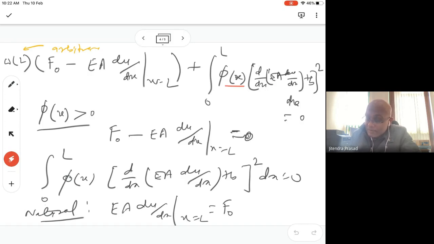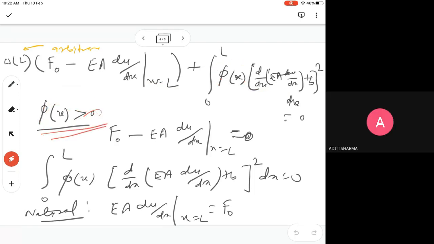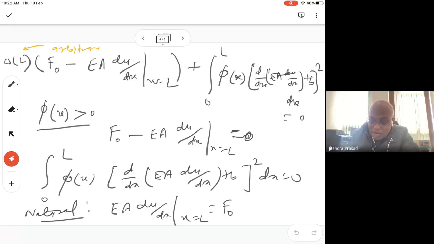we have two terms, right? One term is phi x, which is always greater than 0. Right? Yes, sir. Then how do we know that the first term, WL into F naught minus EA du by dx, is not negative? Because WL is arbitrary, right? Regardless of what W you take, it's always 0.